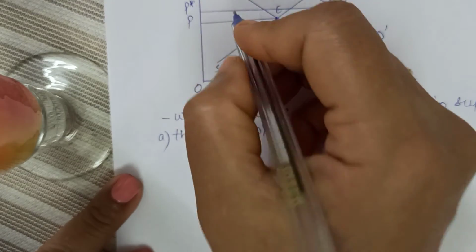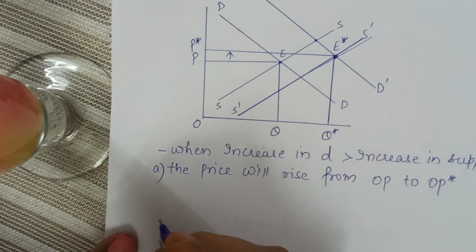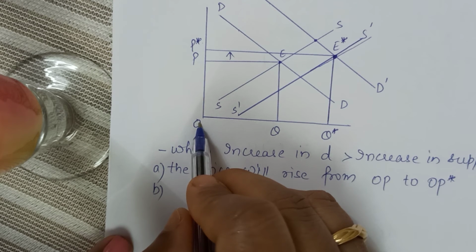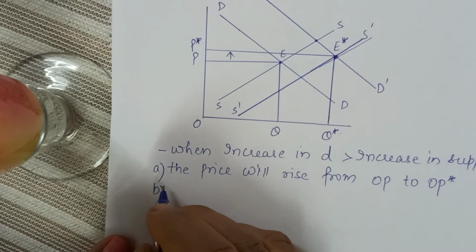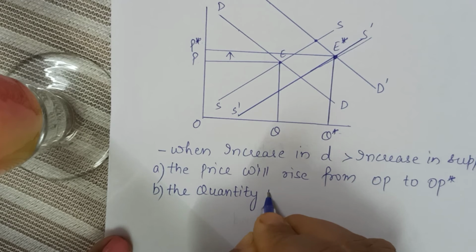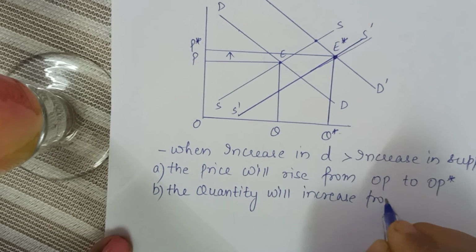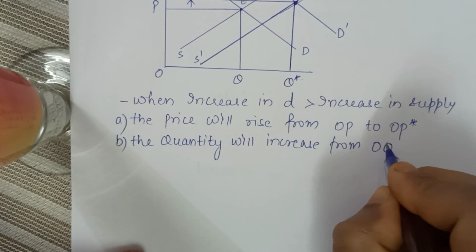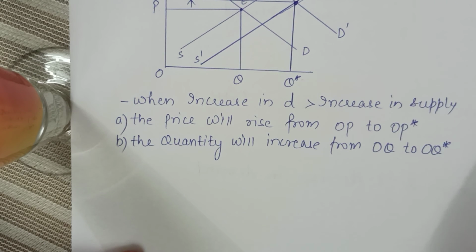It means the price is increasing. You can see here the price is increasing. And second, the quantity will increase from OQ to OQ star.